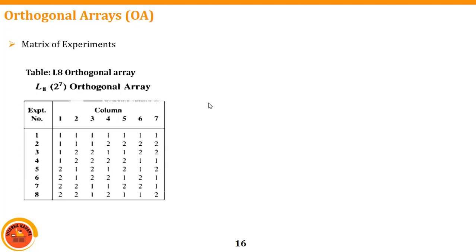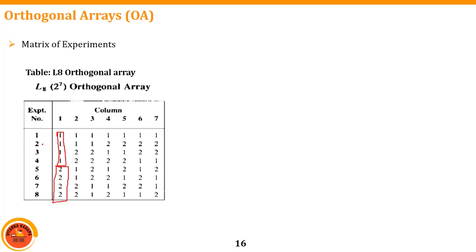So here you can see the L8 orthogonal array table, and you can observe the uniqueness here. You can see 4 levels, 4 sets of experiments, and this is talking about level 1, level 2.